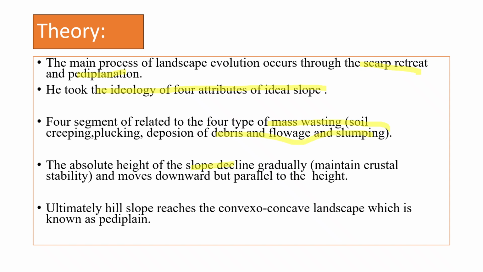And the decline of slope occurs through the downward movement of the slope, that is parallel retreat, decline of the absolute height. Here I would like to mention that L.C. King avoided diastrophic and volcanic activities. He believed in crustal stability like W.M. Davis, and ultimately the slope reaches the convexo-concave landscape, which is known as pediplain.